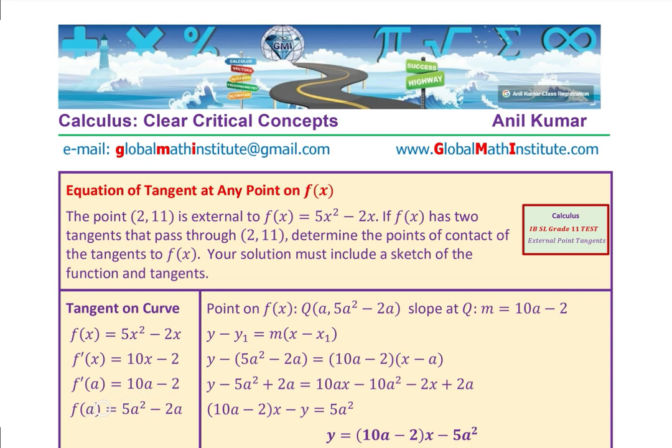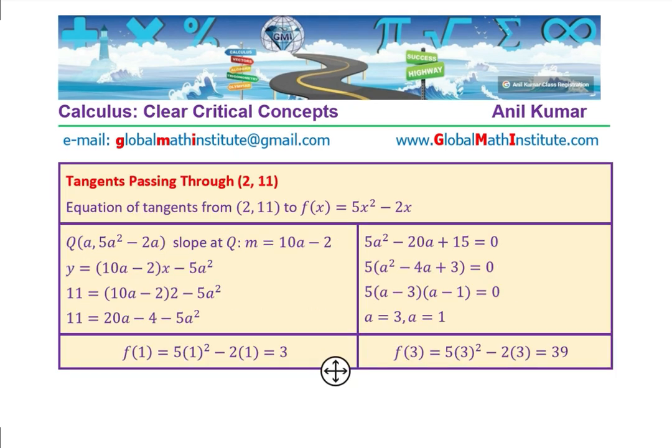And the y value will be 5a squared minus 2a, and that gives you a point a, 5a squared minus 2a with slope of 10a minus 2. Using slope-intercept form of the equation, we substituted the values, isolated, and wrote the equation in slope and intercept form.